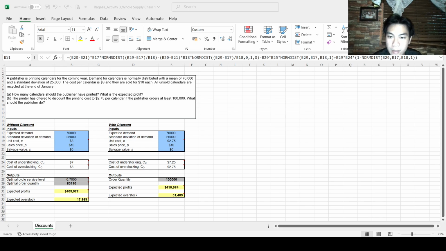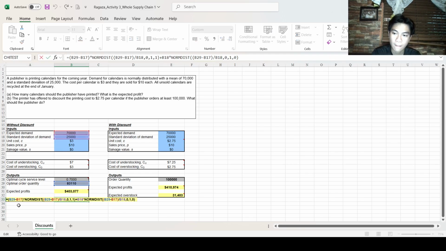And lastly is the expected overstock, which is 17,869. And this is the formula.